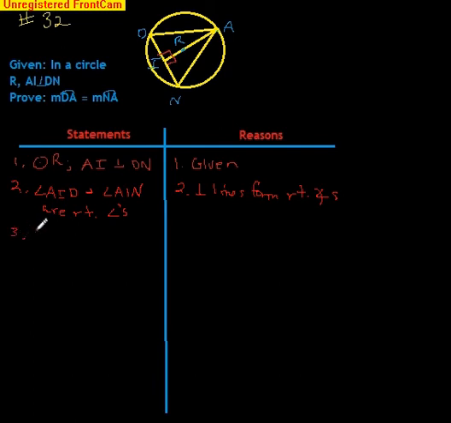Then we can say angle AID is equal to angle AIN, and the reason for that is right angles are equal.